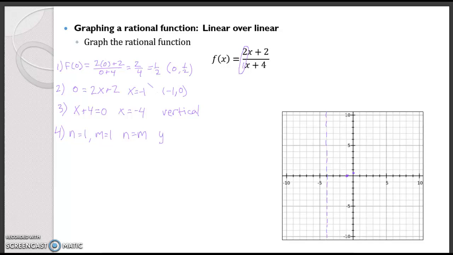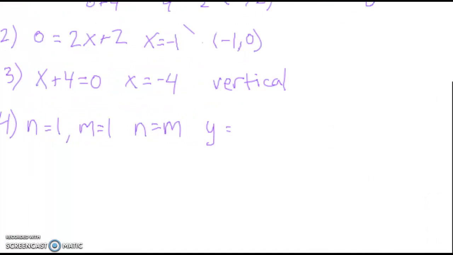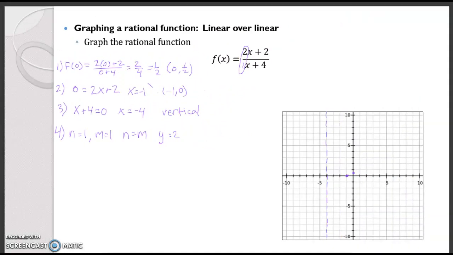So y equals 2 is our horizontal asymptote. Okay, so how do we graph that? Well, we go to y equals 2 and we mark in a horizontal asymptote.